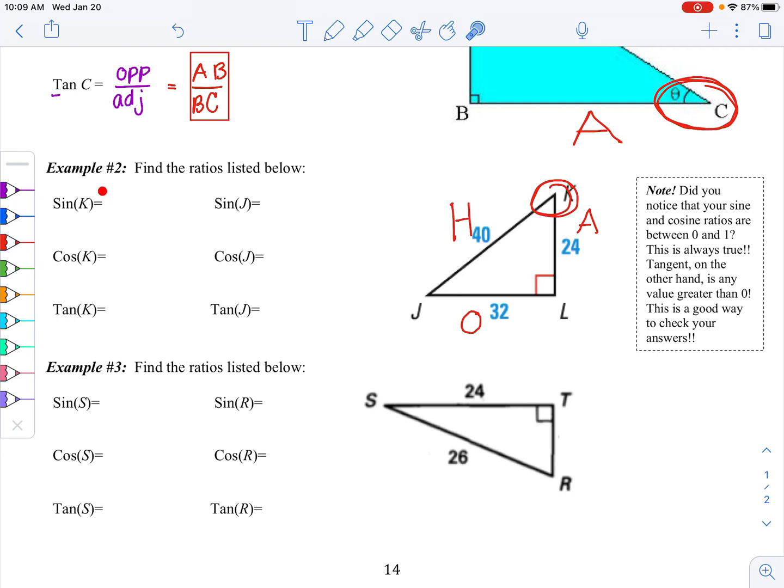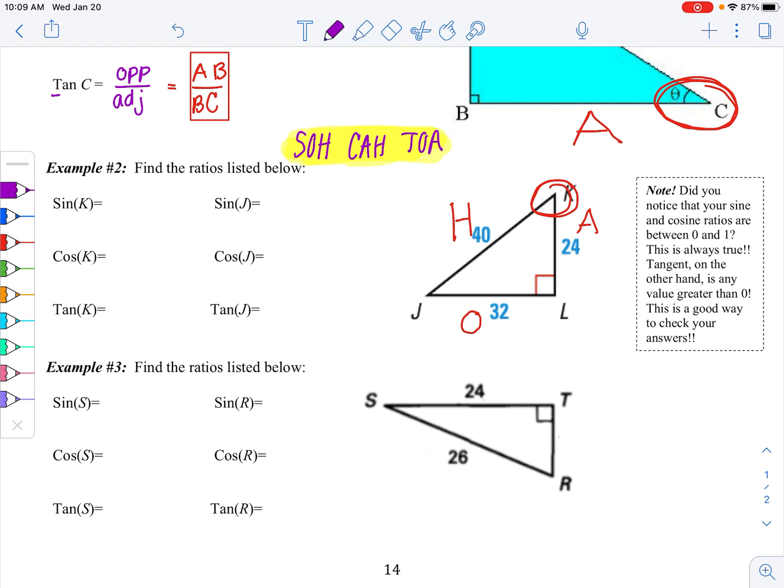That's going to be for these three because the angle of focus is K. Now let's use our ratios that we learned above. I'm going to write again SOHCAHTOA because it's not part of the page anymore, and I'm going to use this to help me through.